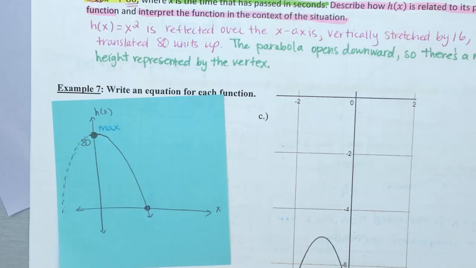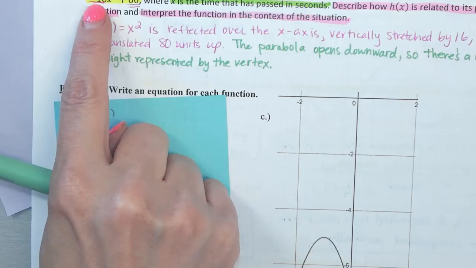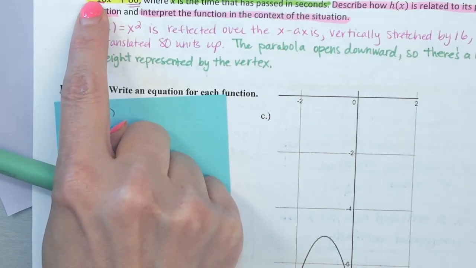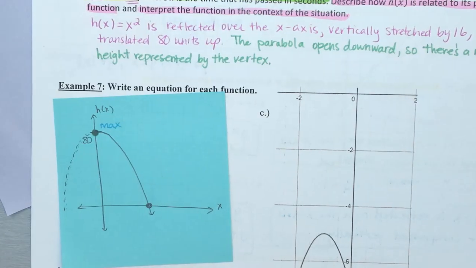Okay, so the maximum is going to be the vertex. It is the highest point of your parabola. You are not going to have to mention the 16 there. Okay, we did talk about how the negative is what makes it open downward. That's going to be a maximum. That's enough for that. And then you're just going to say what that plus 80 represents.